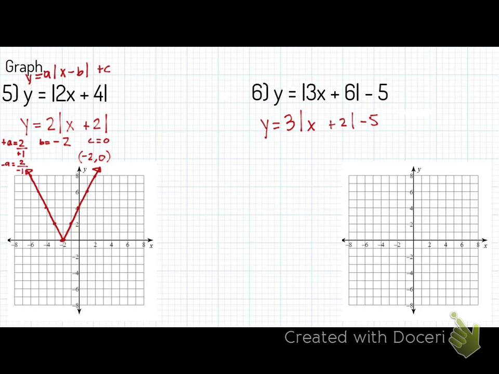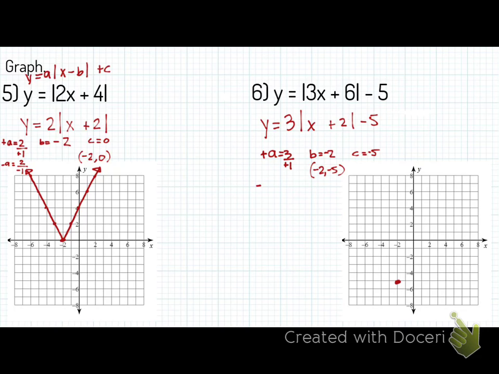So what is our A, everyone? 3. Good. B? -2. C? -5. Okay, good. So then our vertex is -2, -5. So I'm going to go -2, -5, plot my points. Okay, our A, remember we're going to do a positive A, which means we're going to have a positive 1 in the denominator.